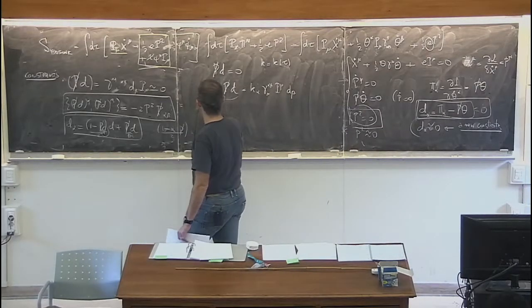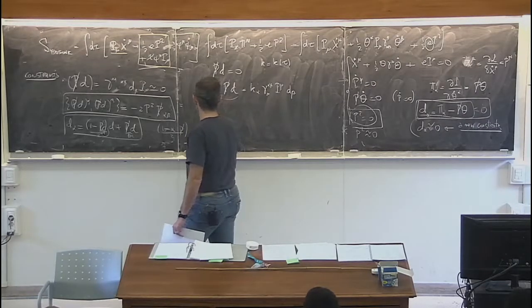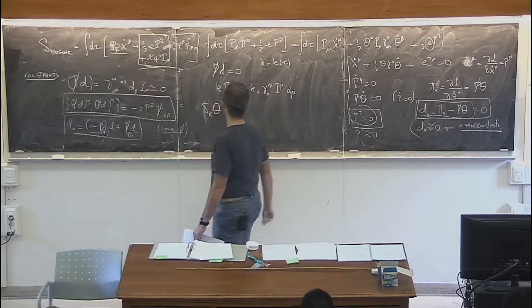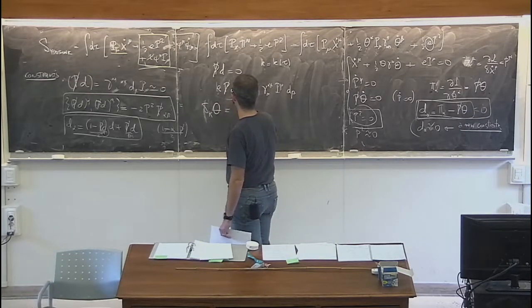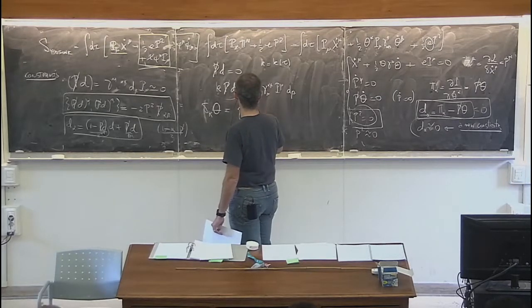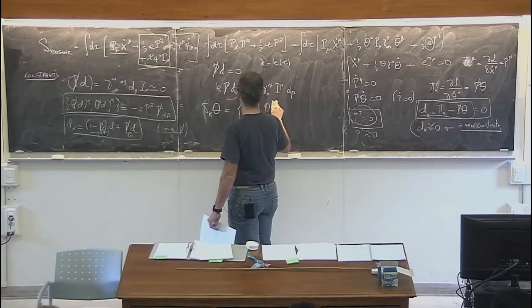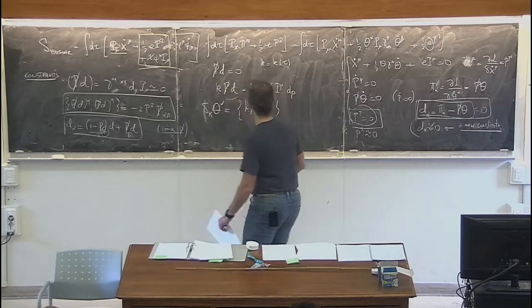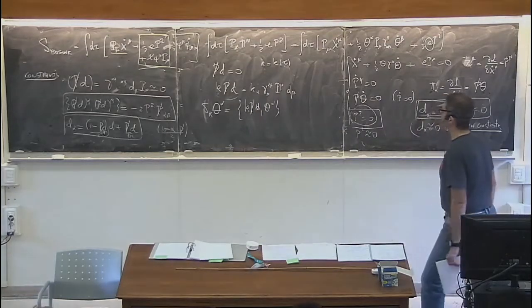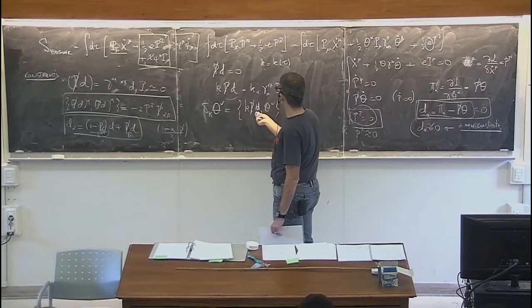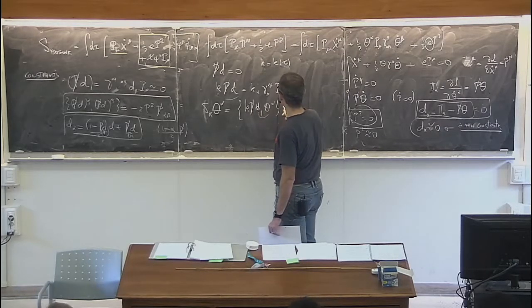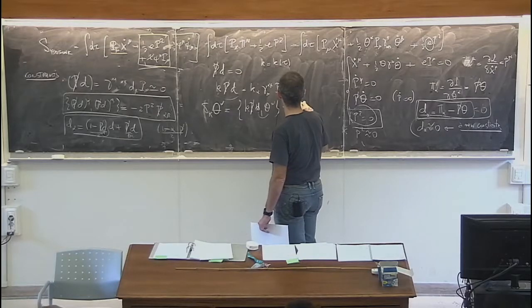Now, if I want to say, for example, what is the action of the given constraints on a field, on the field theta, what do I have to do? By the usual Hamiltonian analysis, it is just the Poisson bracket between the constraints acting on the fields. So if you calculate this expression, this contains the momentum. I use the Poisson bracket, and the result is p slash kappa.